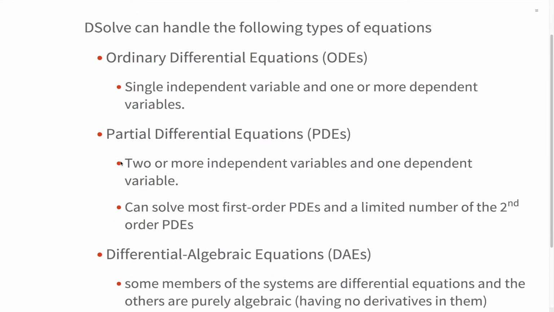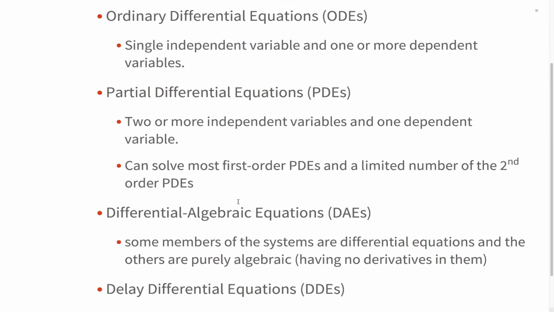You can also use DSolve to solve partial differential equations, also referred to as PDEs, in which there are two or more independent variables and we have one dependent variable. Finding exact symbolic solutions of PDEs is a difficult problem, but DSolve can solve most first order PDEs and a limited number of second order PDEs, which you find in standard reference books.